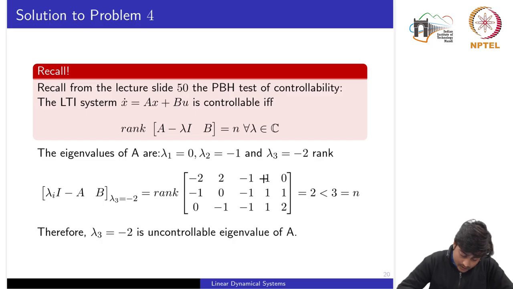Okay. Now another implication of this: you can see that lambda equal to -2 is an uncontrollable eigenvalue. Now if we recall our stabilizability concept, this eigenvalue is a stable eigenvalue, so though the system is not completely controllable, it is still at least stabilizable.